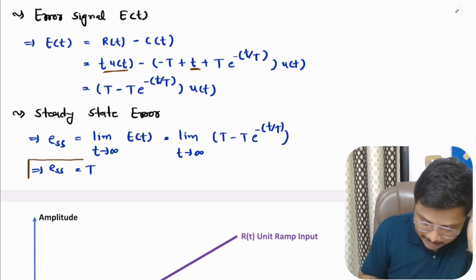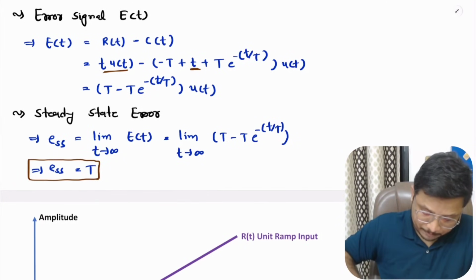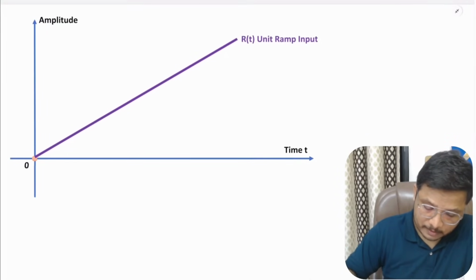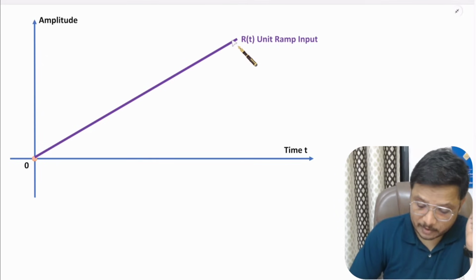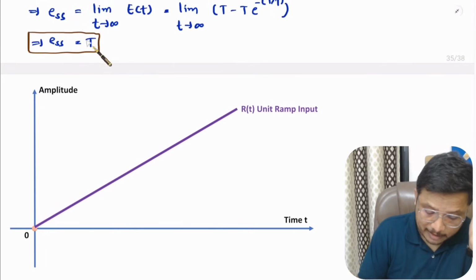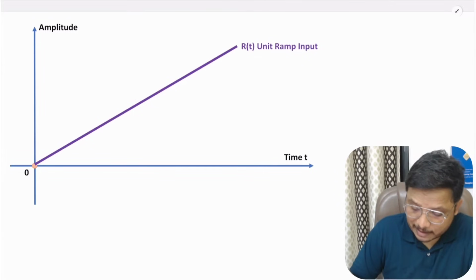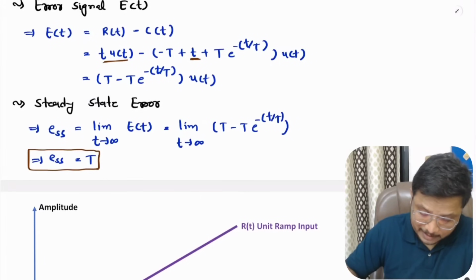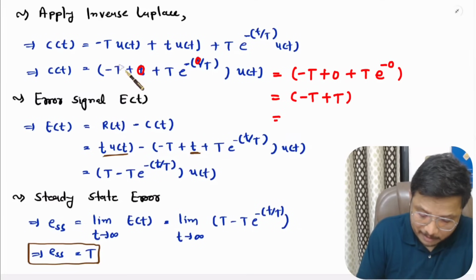Based on the steady state error, let me explain the output response graphically. Here the input signal is the ramp signal, and the output signal has steady state error, that is capital T. As the signal starts from 0, if t is 0, then minus T plus T into e to the power 0, that is minus T plus T, will be 0.